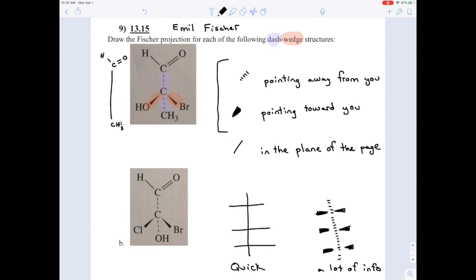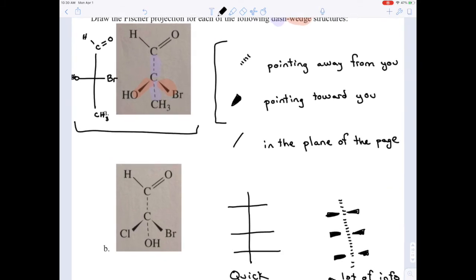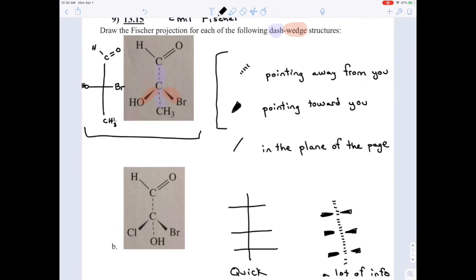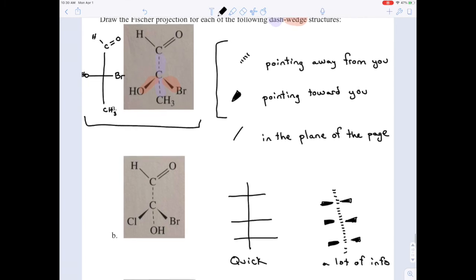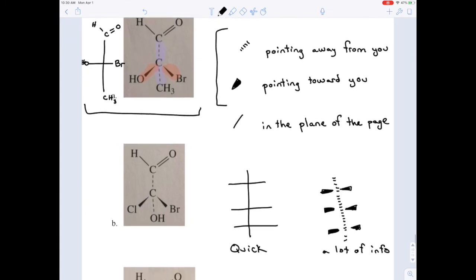Then, for any carbon in the middle, draw a horizontal line. On the right we have bromine, on the left we have OH. And these two molecules are the same. The one on the left is the Fischer projection. The Fischer projection just shows this three-dimensional arrangement of the bonds, and therefore the chirality, but in a very quick way. And so it's useful for molecules that have lots of chiral centers, like sugars.